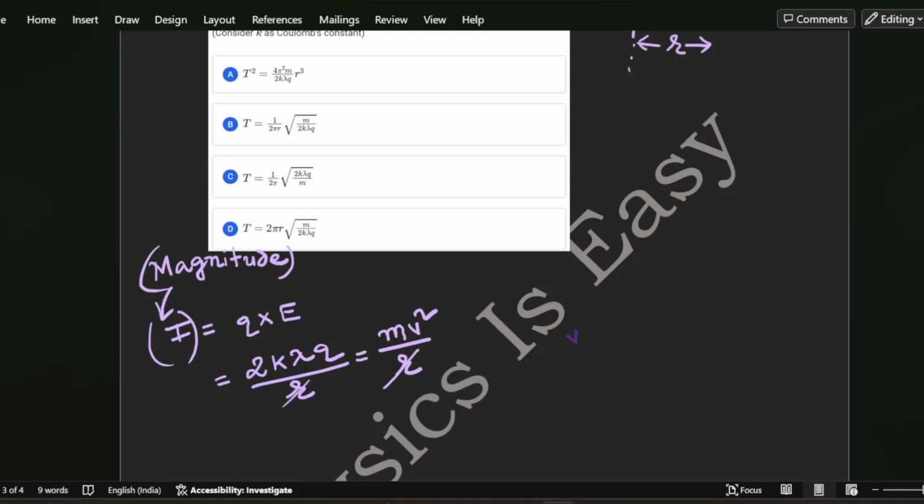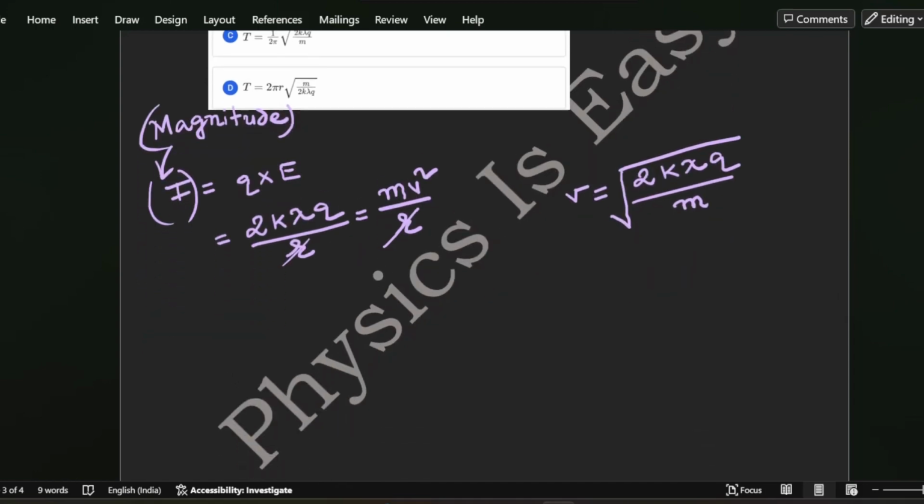From here the two r's cancel out, and you can find the expression of velocity, which is nothing but the root of 2k lambda q divided by m.